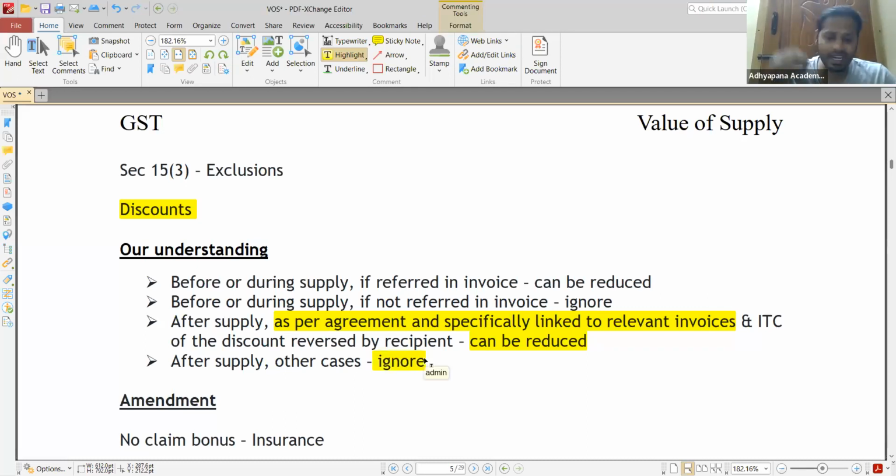You can give discounts worth 10,000 rupees or 5,000 rupees, but you cannot add GST on that 10,000. See, if I'm giving a product to you, you have to pay 1 lakh plus 18,000, right?